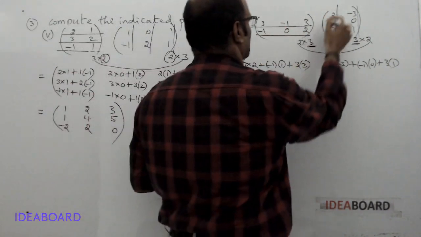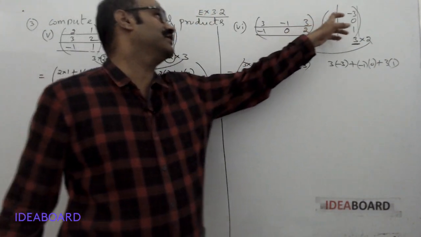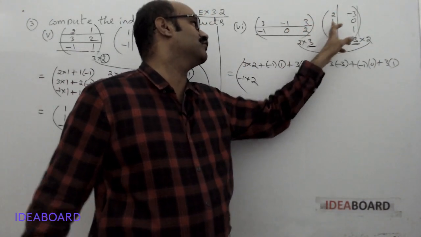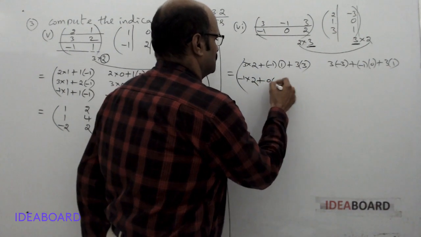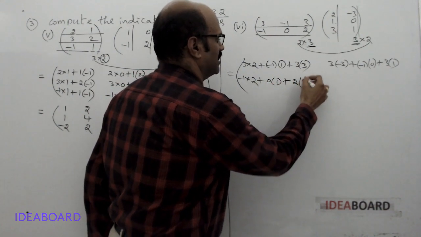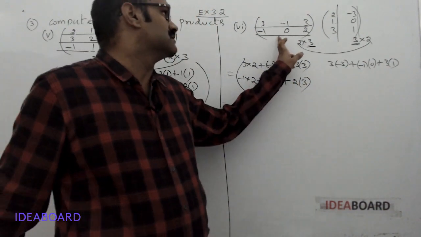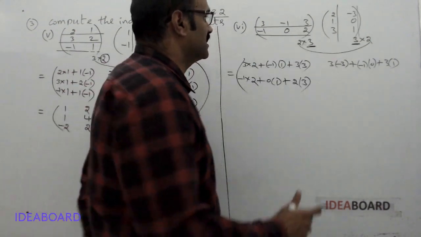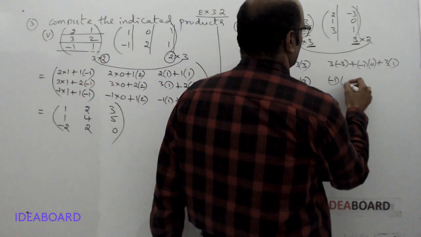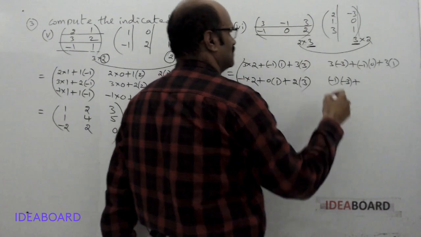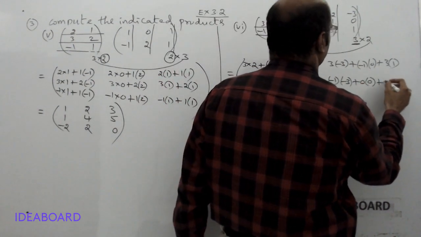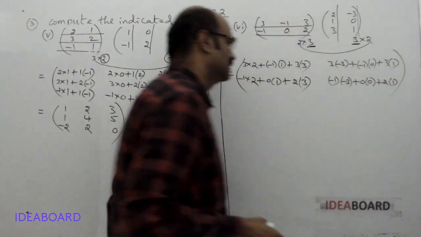Next, second row with the first column. Minus 1 into 2 plus 0 into 1, plus 2 into 3. Second row with the second column. Minus 1 into minus 3 plus 0 into 0 plus 2 into 1.